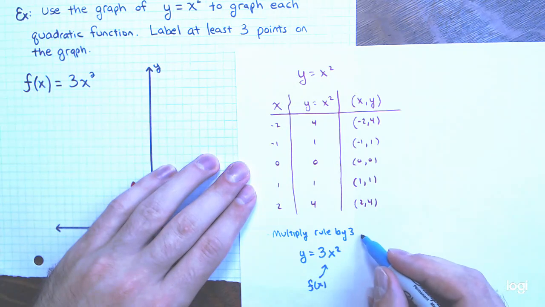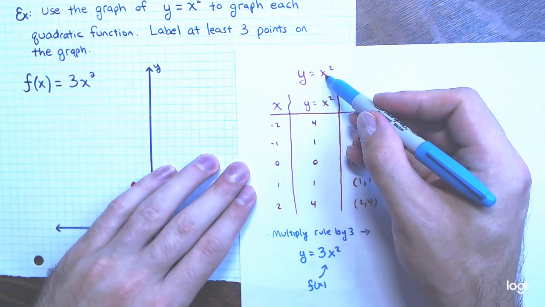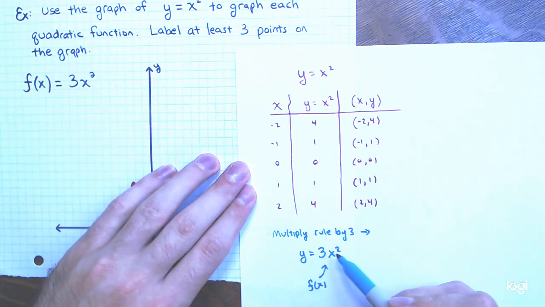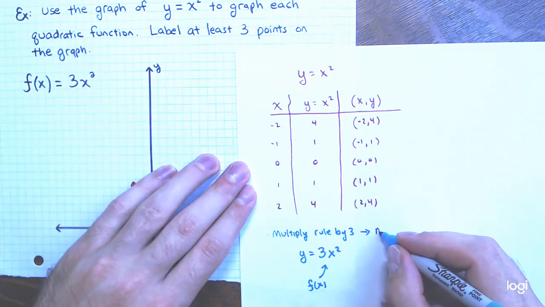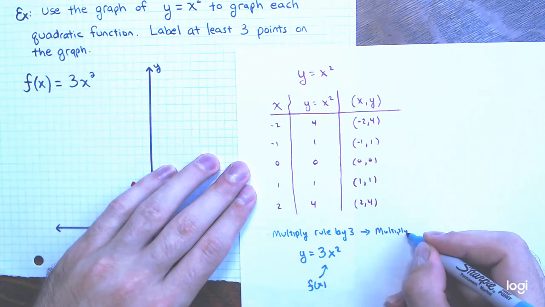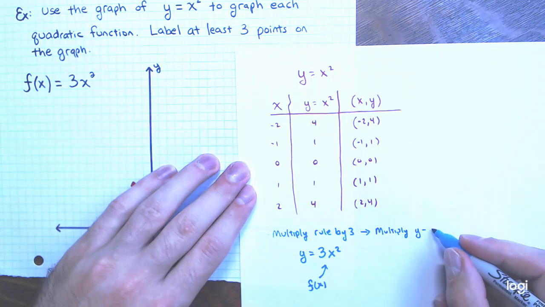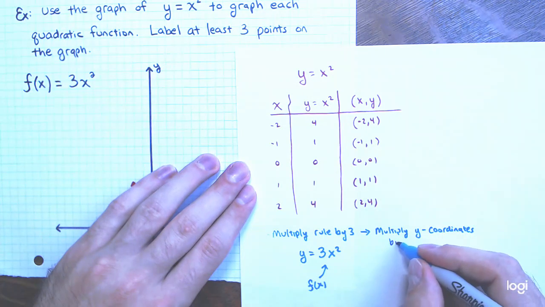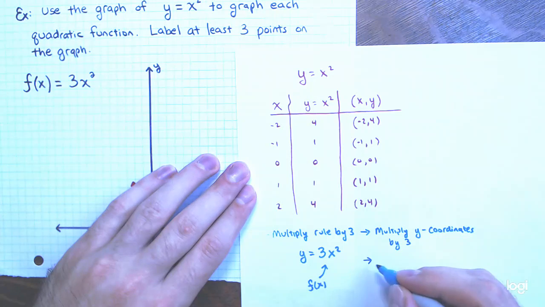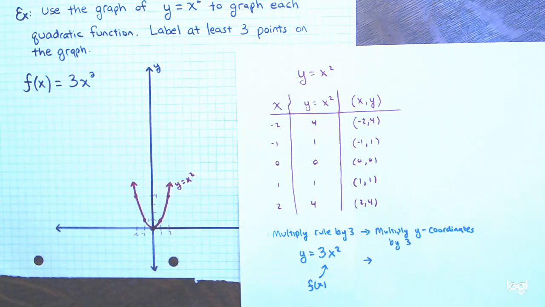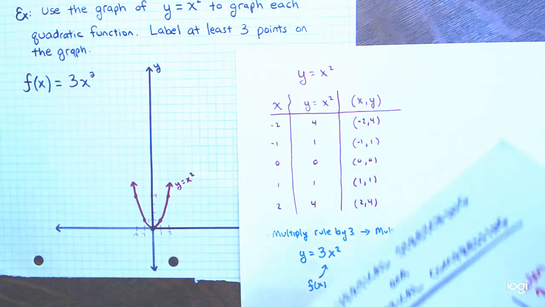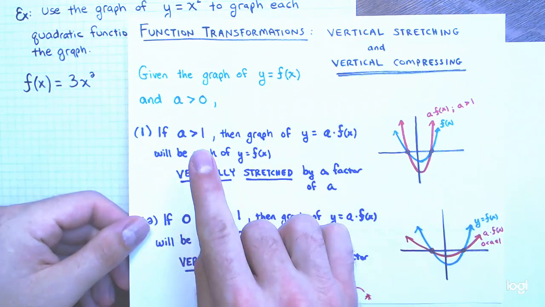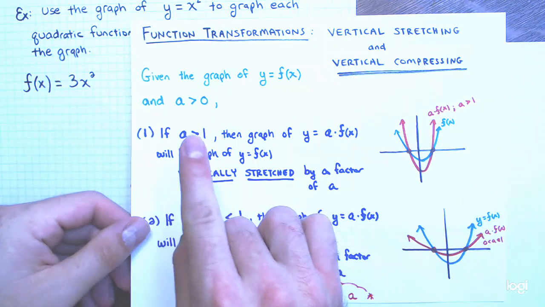And when you leave a rule the way it is and multiply the whole rule by some number, you just multiply the y coordinates of the original rule by that number. So multiply the y coordinates by 3. Or if you're talking about transformations, remember, I'm multiplying by a positive number here, going back to my first page, and it's a number bigger than 1, I'm multiplying by 3.